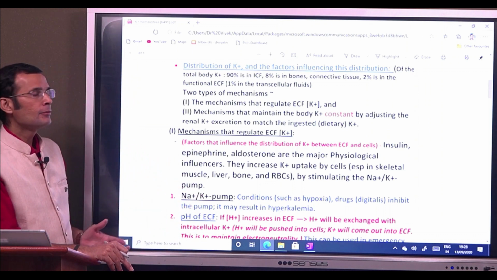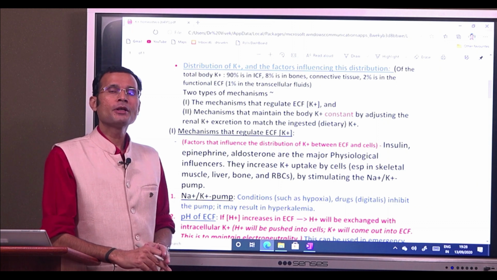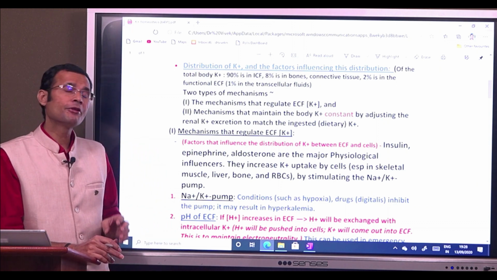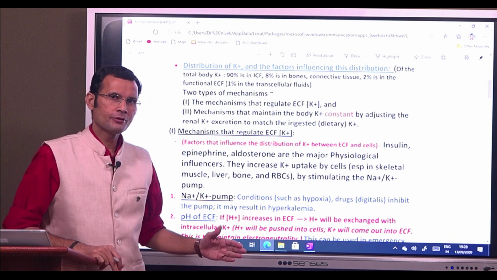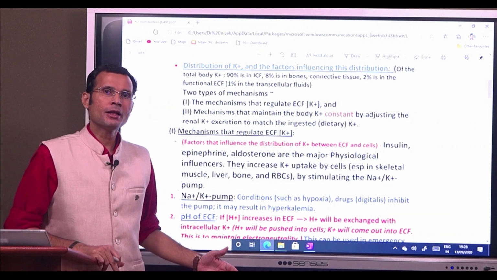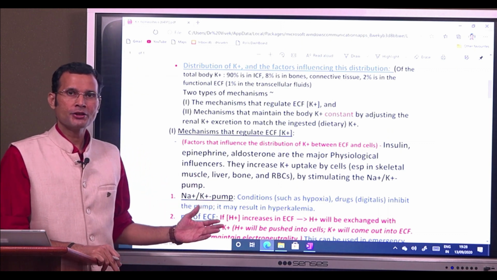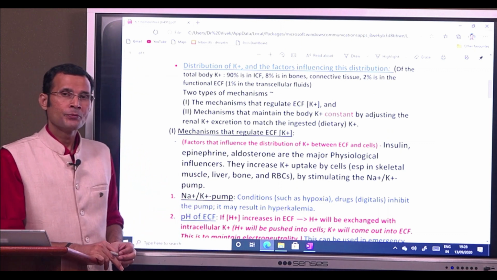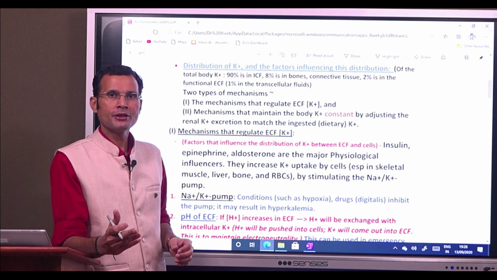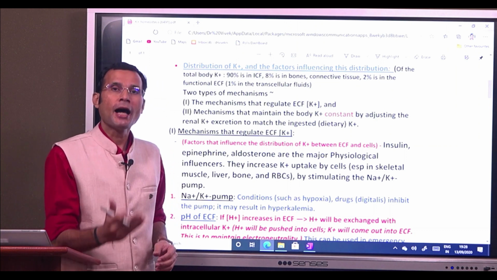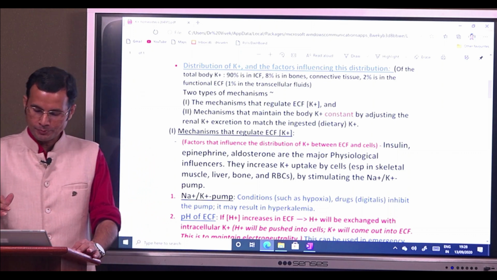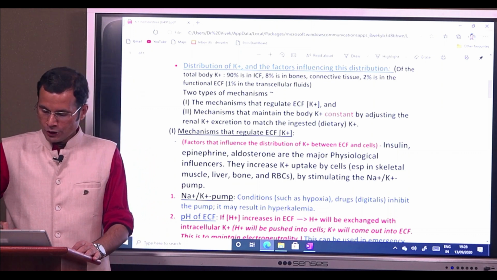And remember, 4 milliequivalents per liter is the plasma potassium level. But if it goes below 3.5 milliequivalents per liter, we would call it hypokalemia, reduced potassium in the serum or in the plasma. And if it goes above 5 milliequivalents per liter, we would call it hyperkalemia, increased potassium in the plasma.